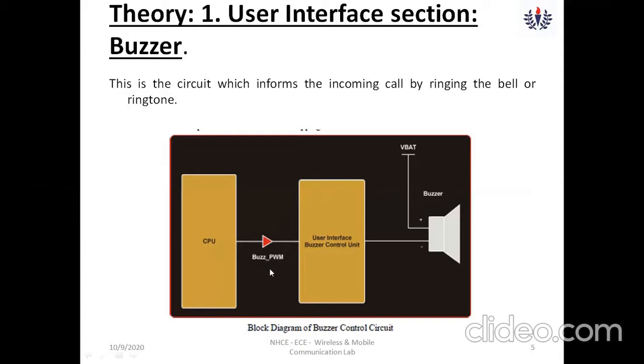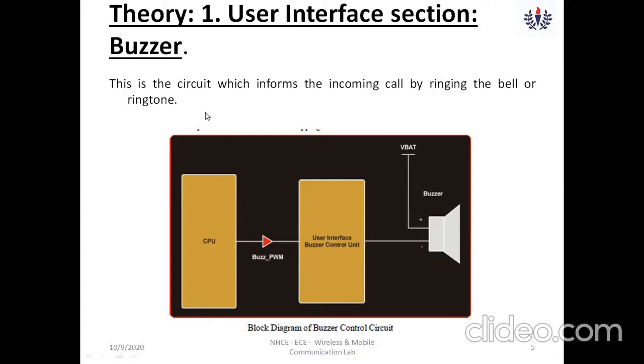Once the mobile phone receives a call, or once it gets into call mode or active mode, once the speaker starts getting activated, you will find that the buzzer is active, and then it starts sending signals. So this in turn is communicating with your CPU, and we can get these signals in the form of pulse width modulated signals. The circuit informs of the incoming call by ringing the bell or ringtone.